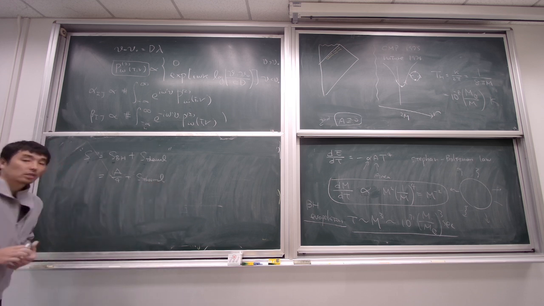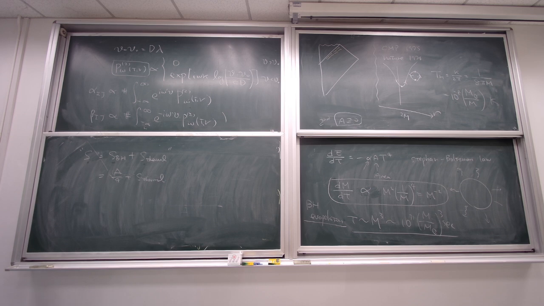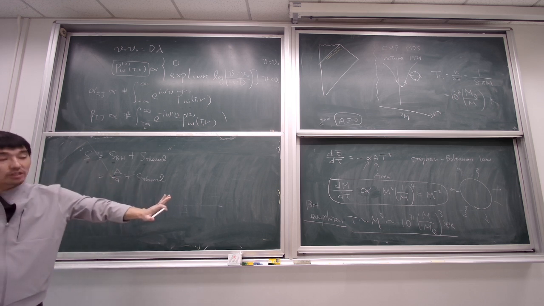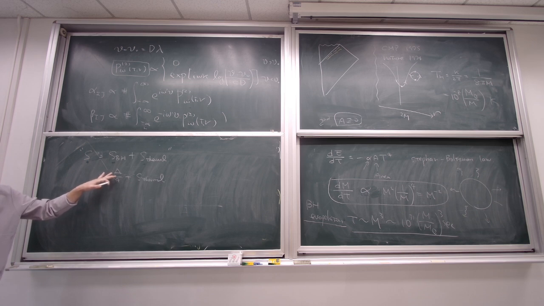Okay, so this is what the total entropy should be. The total entropy does not decrease, but the area, if you include the Hawking effect, can decrease. But if you include this quantum effect, okay.